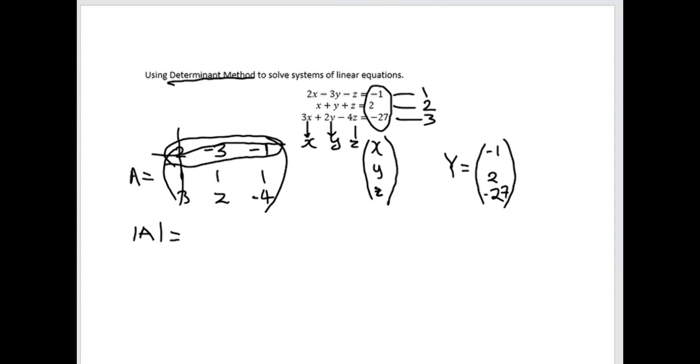So I'll pick out this 2 here, and then I'm left with these other elements, which I'll put in the box: 1, 1, 2, negative 4. And don't forget to include your alternating signs. It always starts with the plus. It alternates from plus, negative, plus, and so on.